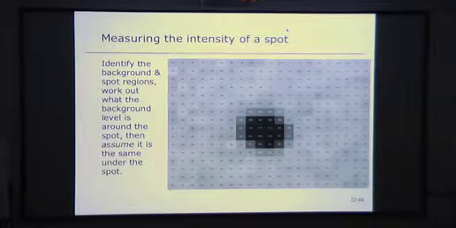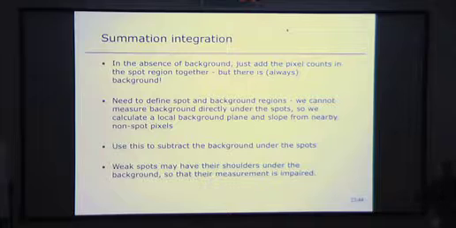So you have to try to work out from the adjacent background what the background is likely to be sitting under the spot, so you can subtract that from your measurement. Of course, if you have no background at all, you can locate your spot, just add up the pixel counts that are there, and hey presto, that's your intensity.